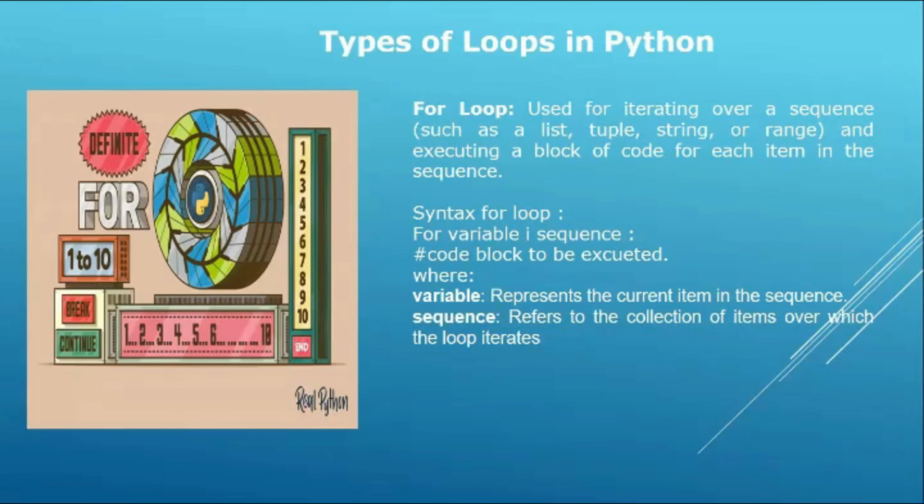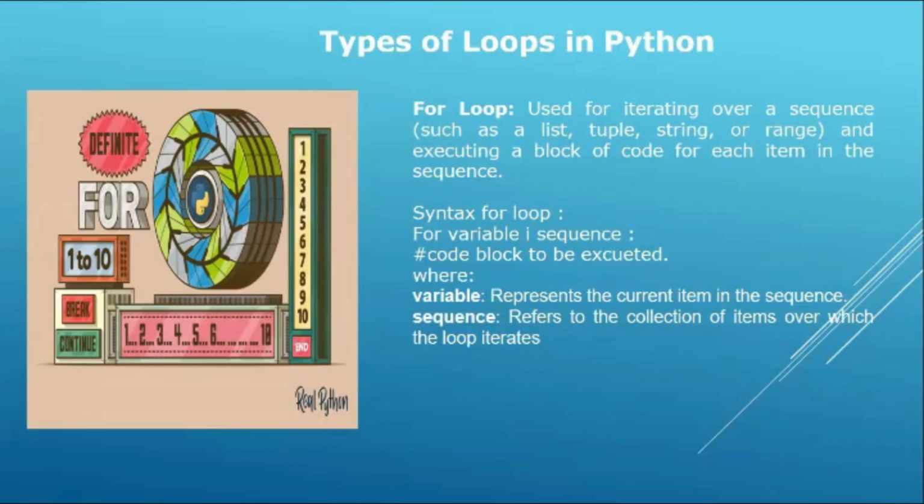As previously explained, a for loop is a finite loop because the condition is predefined. The syntax is: for variable i in sequence, and then the code block to be executed, where I write my code.